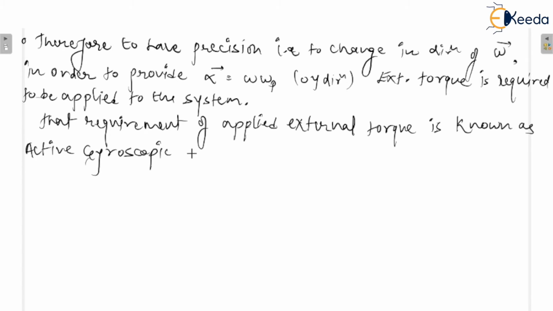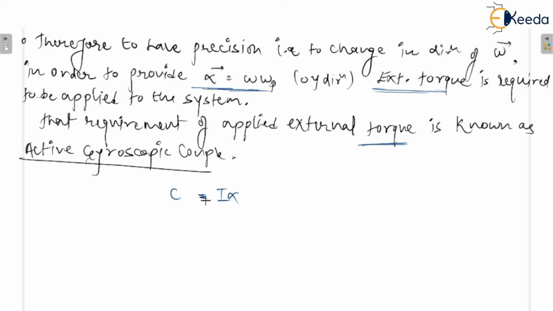I hope you understand this whole procedure, this whole concept. So what would be the active gyroscopic couple? It is denoted as C, that is equal to I alpha. Basically, it is a torque, but this torque is considered an external torque which is required to be applied to the system in order to provide alpha equal to omega p. That's why it is I alpha, where we know that alpha is I omega p. So it would be I omega p, and the direction is the same, forward direction.